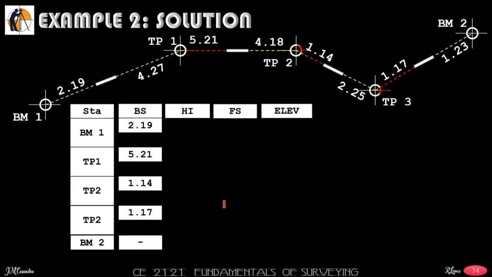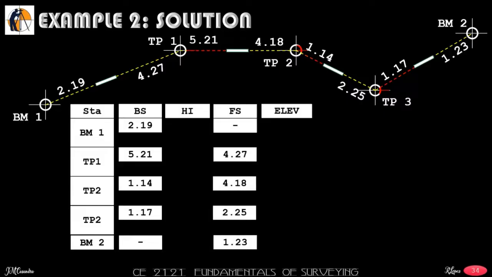For our foresights, we have for benchmark 1, we have no foresight. For TP1, we have your foresight. Foresight of TP2, 4.18. Foresight of TP3, 2.25. And foresight of benchmark 2 is 1.23.